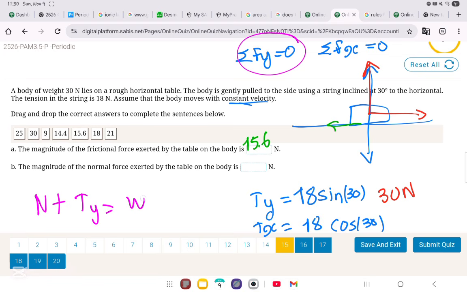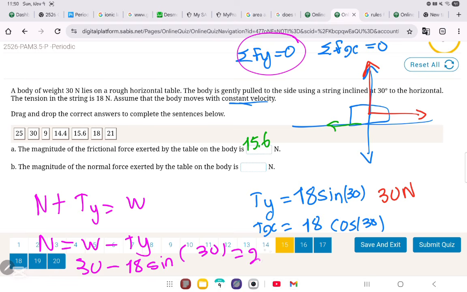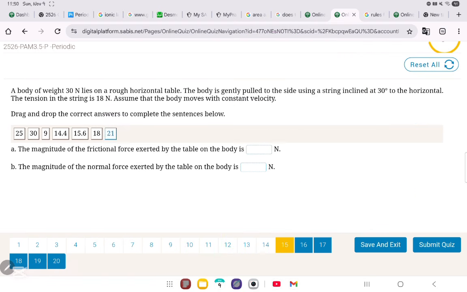So N is equal to W minus tension Y. So 30 minus 18, not cosine, my bad, sine 30, is equal to 21 newtons. So the answer over here is 21 newtons. So 21 and 15.6.